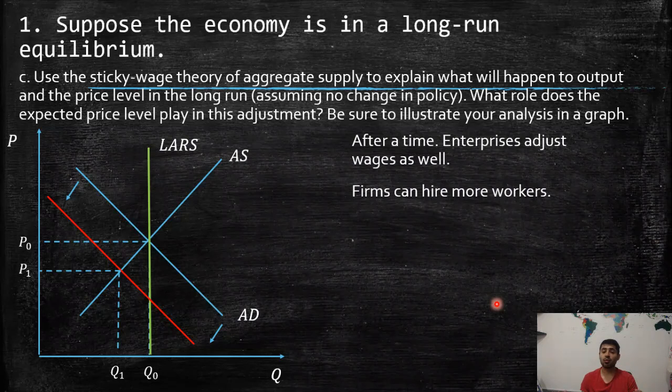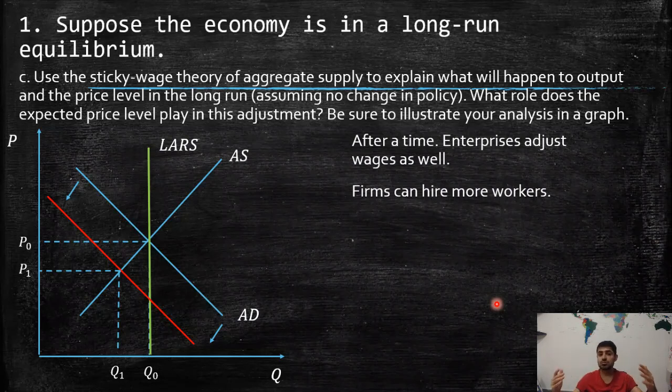So with time, what happens with the sticky wage theory? As we know, wages are fixed for the medium term, so you cannot adjust them from one day to the next. When the expected prices are lower, the firms can start to hire more workers because the wages are lower.